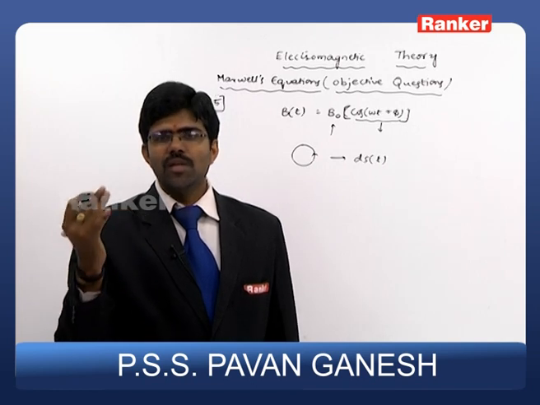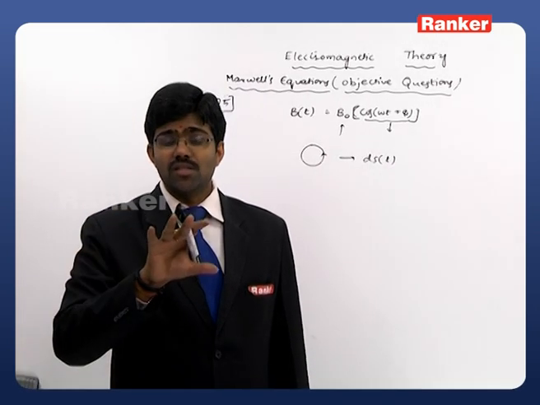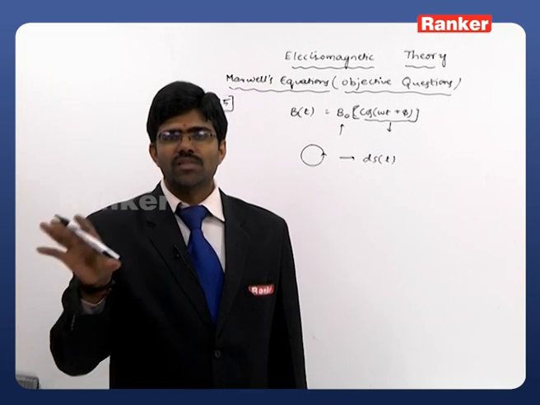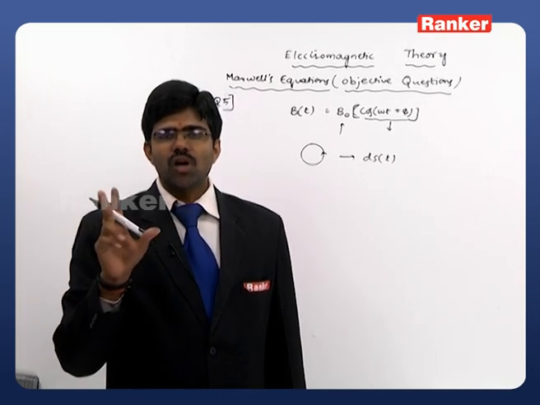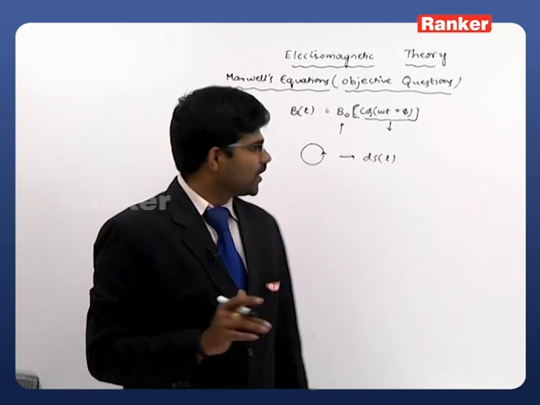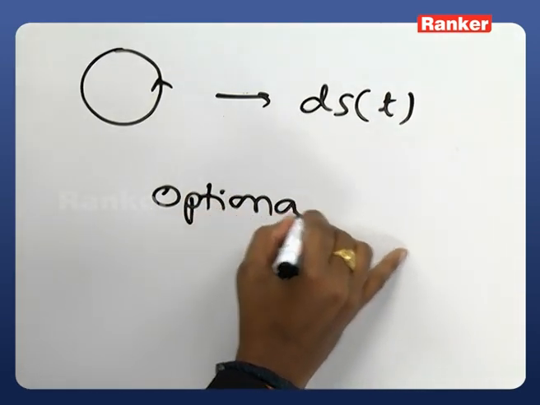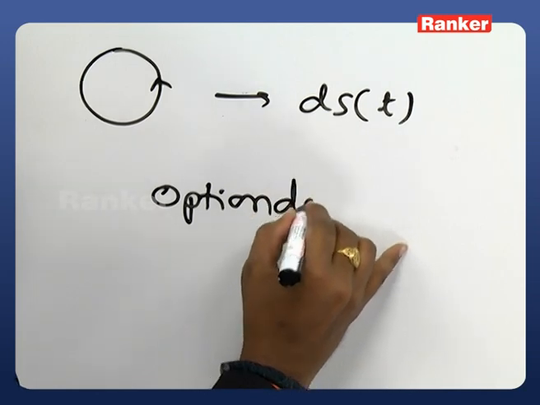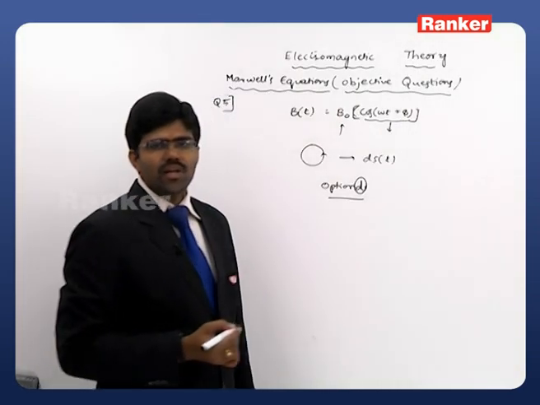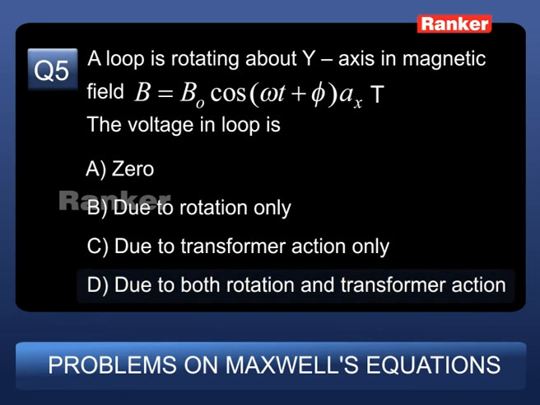So the voltage which will be induced in that loop is a combination of both transformer action as well as rotation nature. So option D is correct here, that is due to rotational nature and transformer nature, clearly the potential will be induced. So option D is correct.